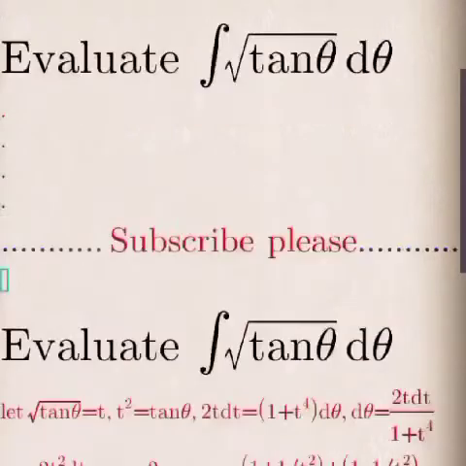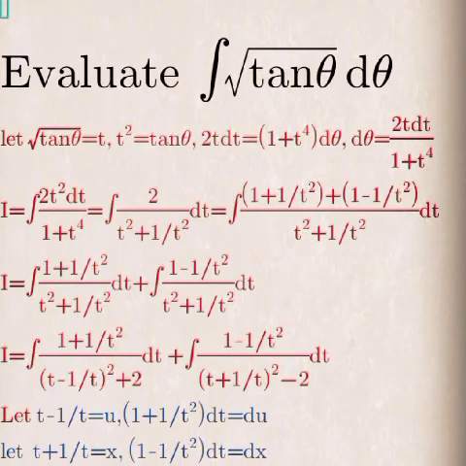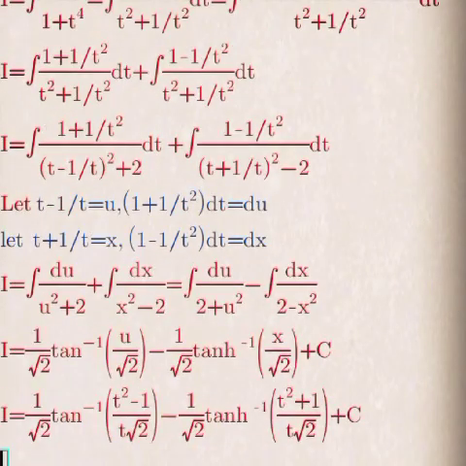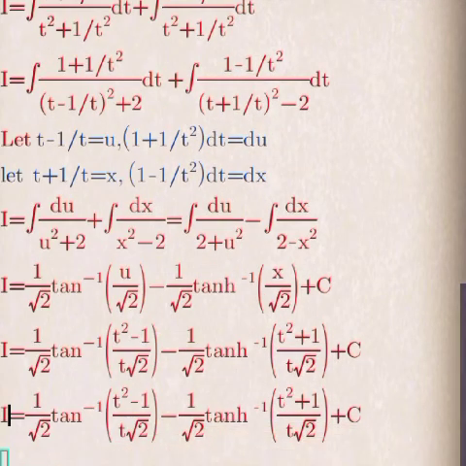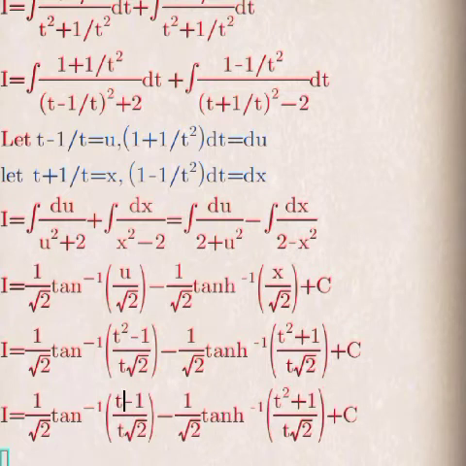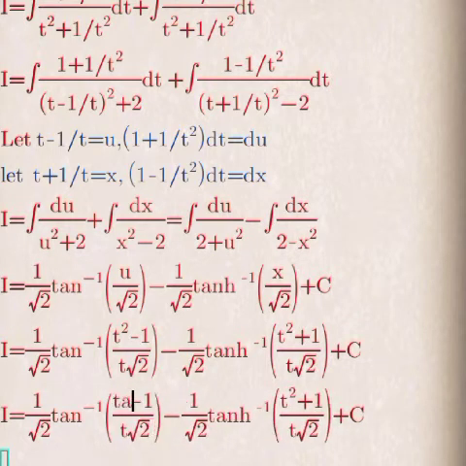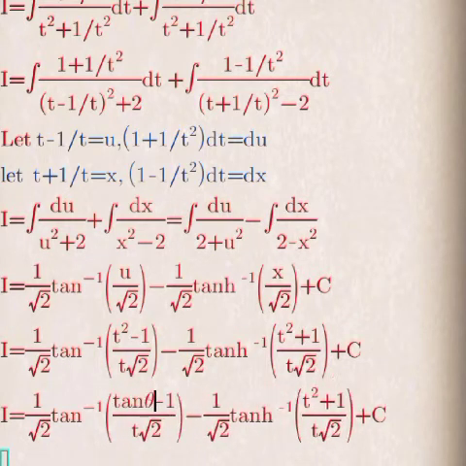But remember, we said in the beginning, let t be equal to the square root of tan theta. So instead of t, I'm going to write the square root of tan theta. But because of this square here, the square root will go away such that we remain with tan theta, but here it will be fine to write the square root of tan theta.